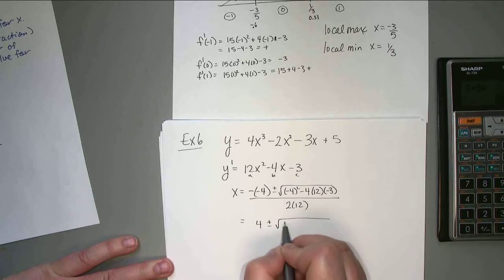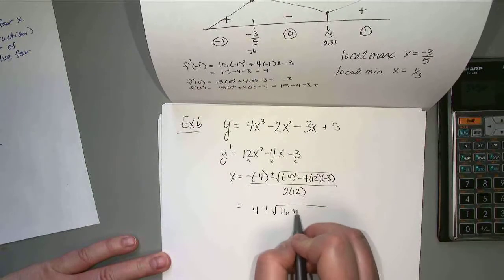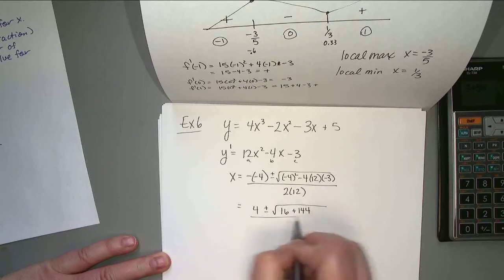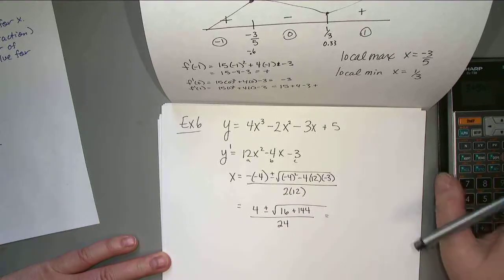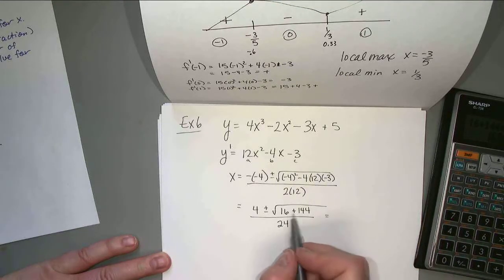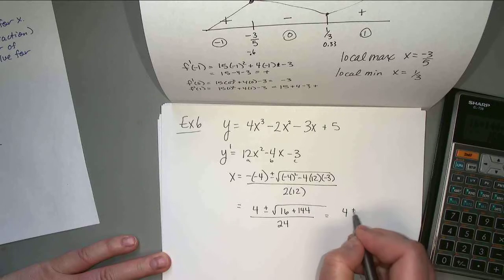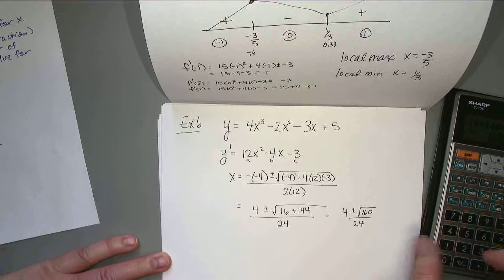This will give me 16 plus 144 for 24. So this is 160, so 4 plus or minus square root of 160 over 24. So square root of 160 does not work nicely.